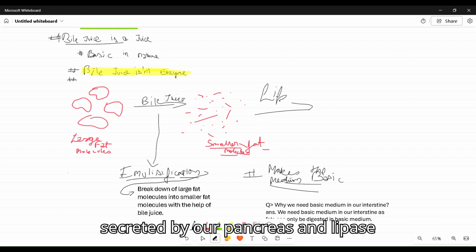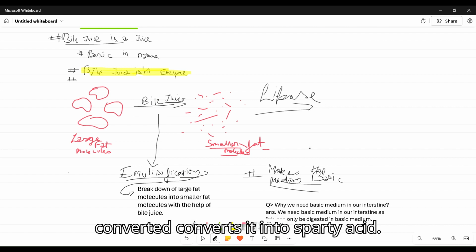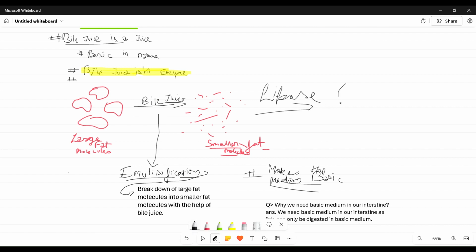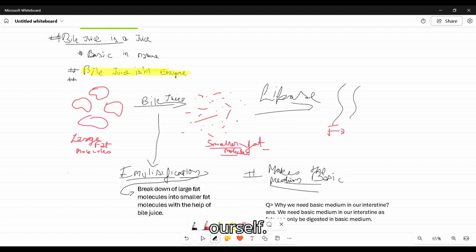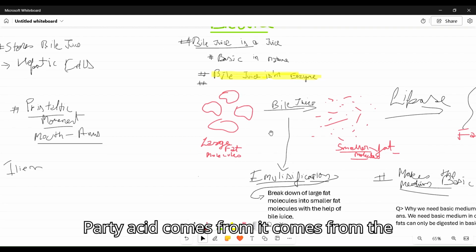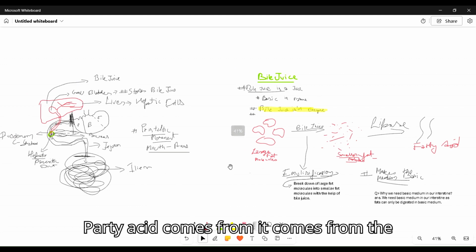Lipase is secreted by our pancreas, and lipase converts them into fatty acids. Fatty acids can be absorbed by our cells. So where does lipase come from? It comes from the pancreas.